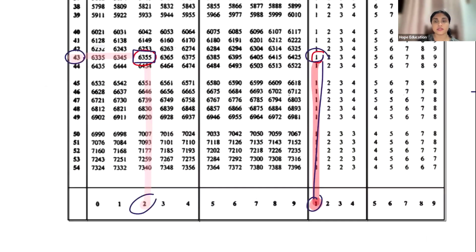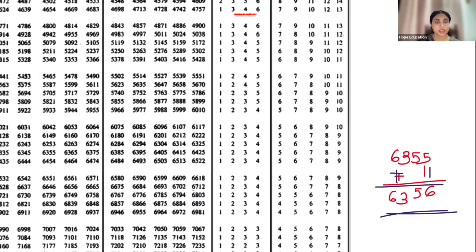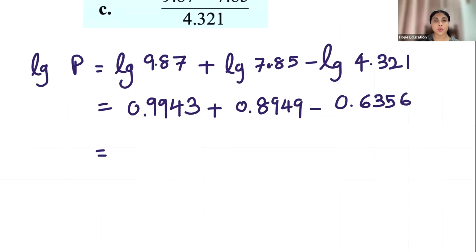Now we will do the rest of the calculation. We'll add and subtract. So first let's add. 3 plus 9 is 12, 1 remaining. 4 plus 1 is 5, 5 plus 4 is 9. 9 plus 9 is 18, 1 remaining. 9 plus 1 is 10, 10 plus 8 is 18, 1 remaining, 0, 0.